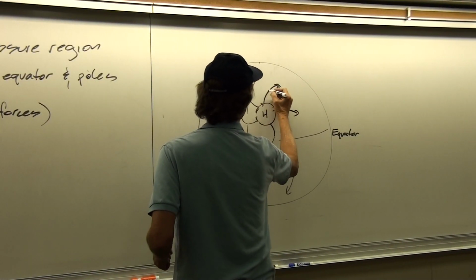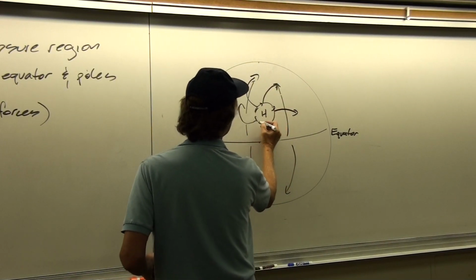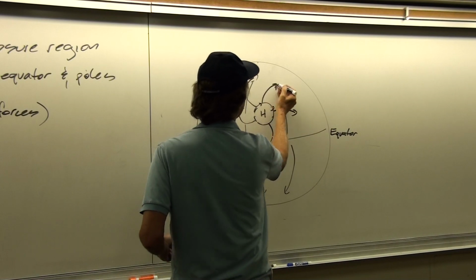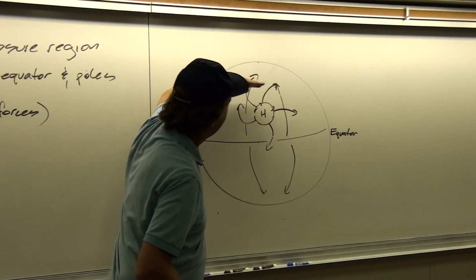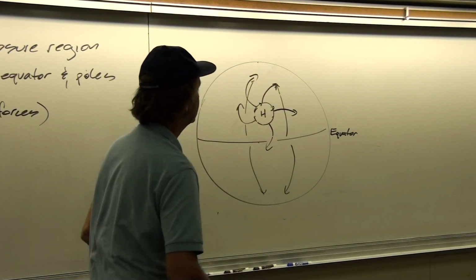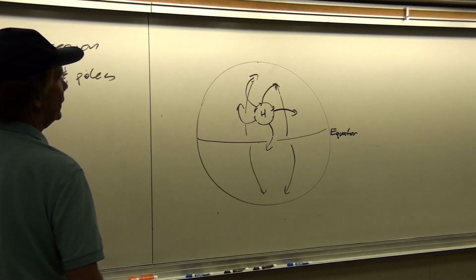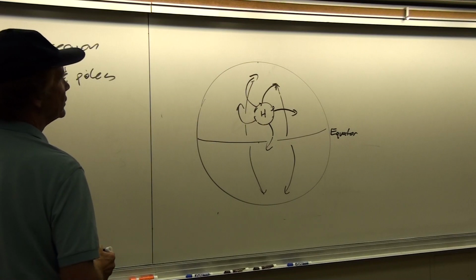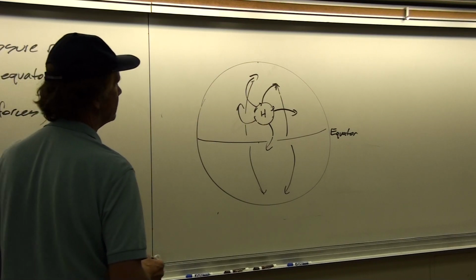And so the natural tendency then of that air that's coming from a lower latitude as it moves up is to get ahead of the air molecules that are moving more slowly at that greater latitude.